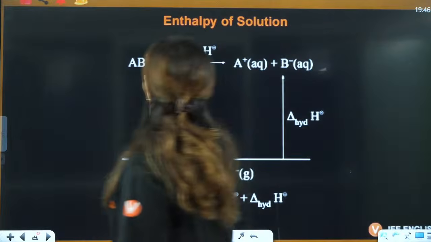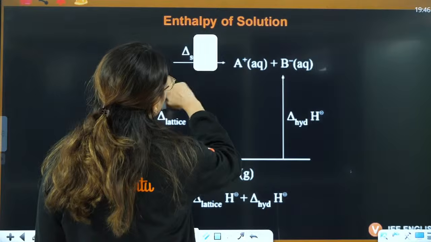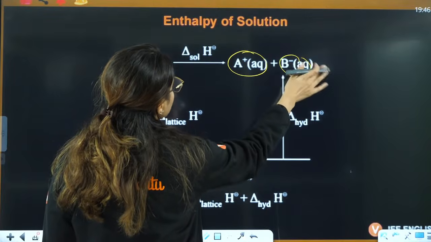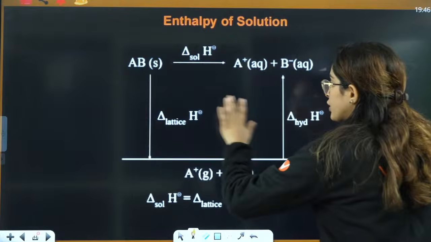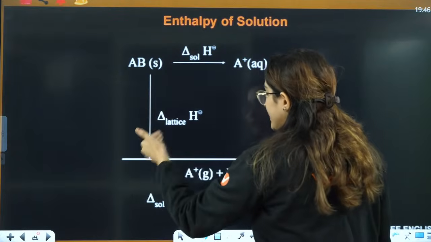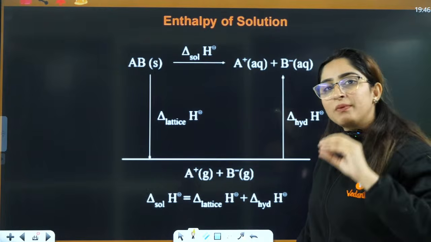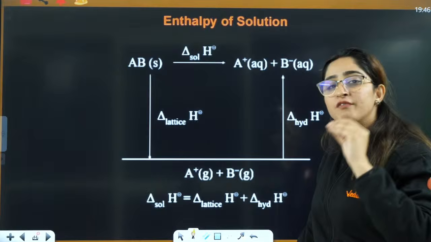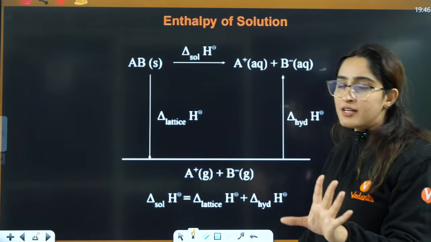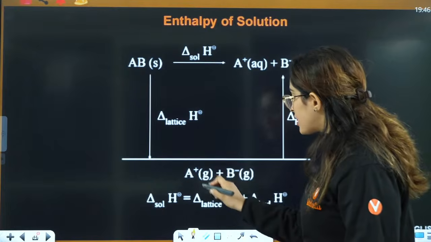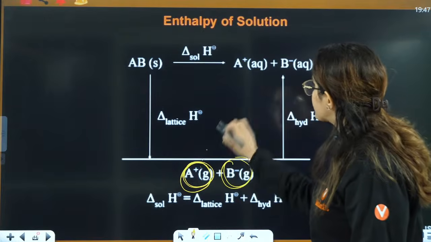Then see this thing. If you see AB is a solid, firstly you will use enthalpy of solution to convert it into aqueous ions. Then either you can directly do this, or you can firstly break it, divide it into gaseous ions. So the enthalpy that you use, you have a solid which is ionic in nature, you convert it into gaseous ions, that is lattice energy. Then you convert these gaseous ions into aqueous form.